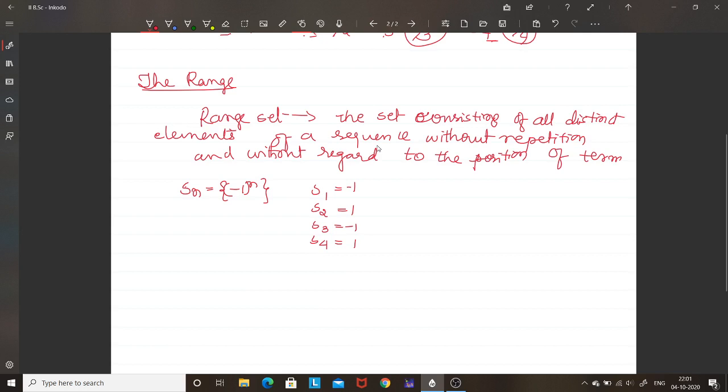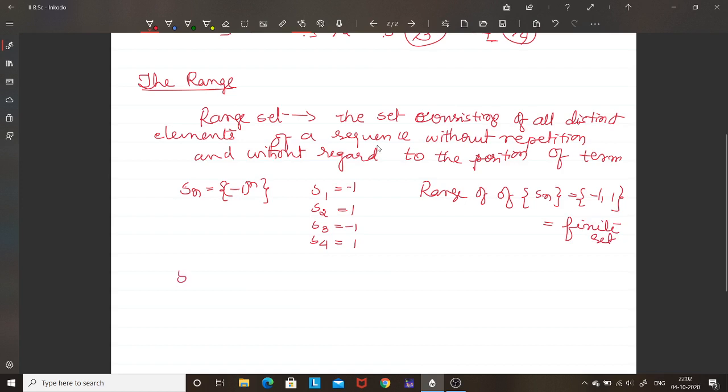So the range of Sn is only two elements, minus 1 and 1. It is a finite set, because the sequence is minus 1 to the power n.